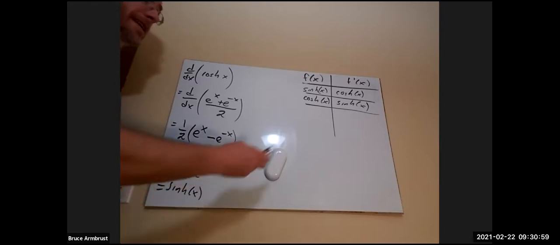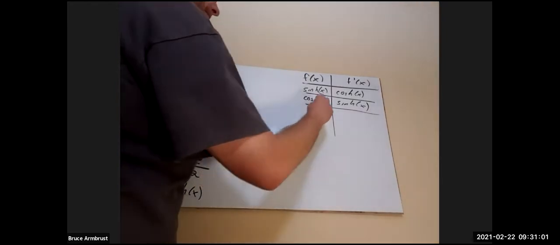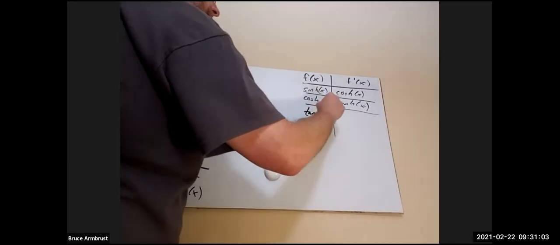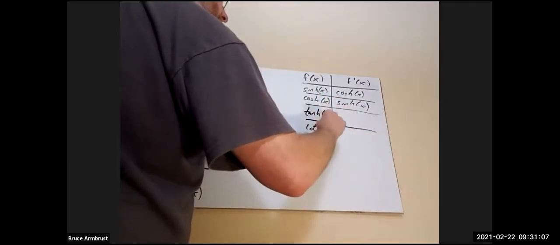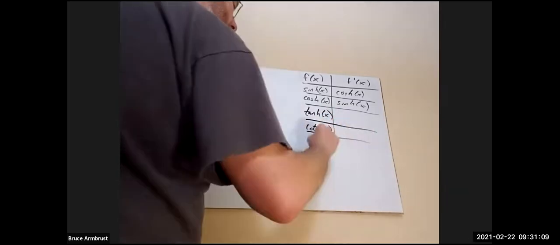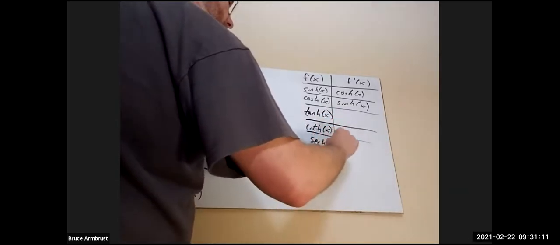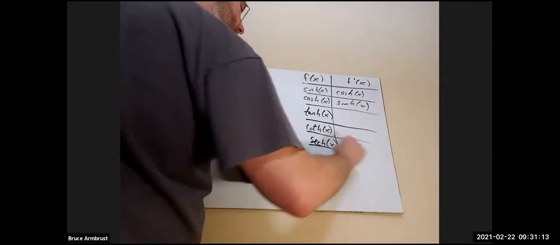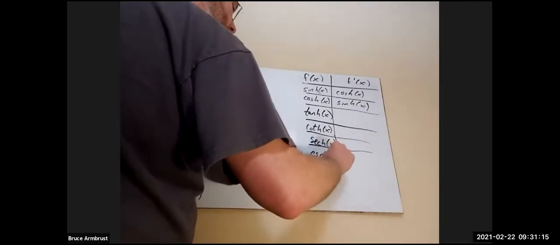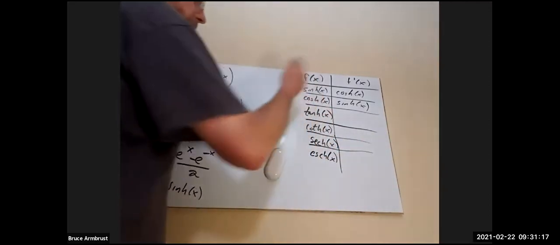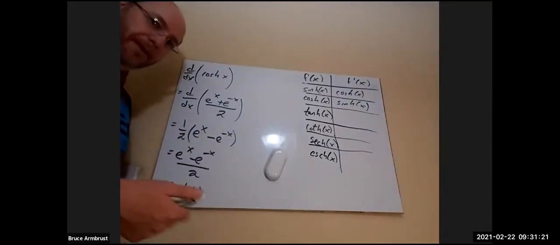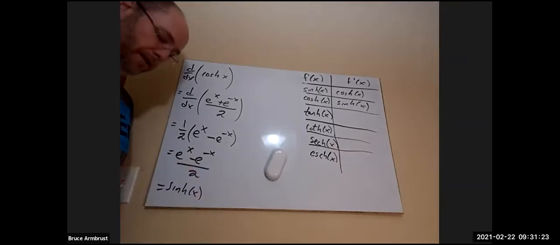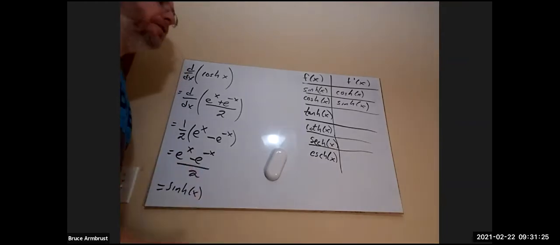Now you can develop derivatives for the rest. And these come from, well, basically the identities on them, right? If you were to look at the fact that tanh is sinh over cosh, use the quotient rule, simplify, yada, yada, yada. I'm not going to do this to you.